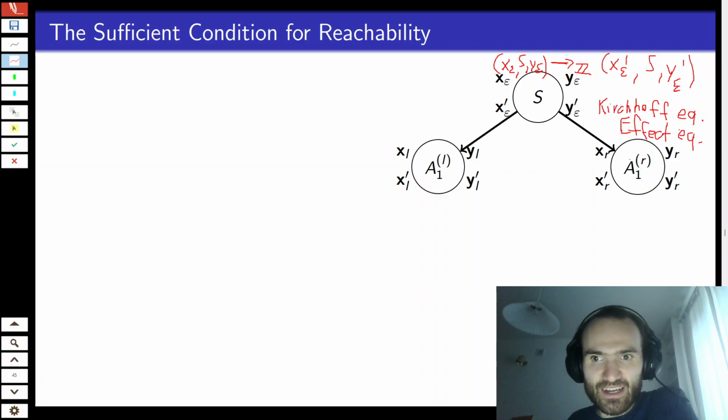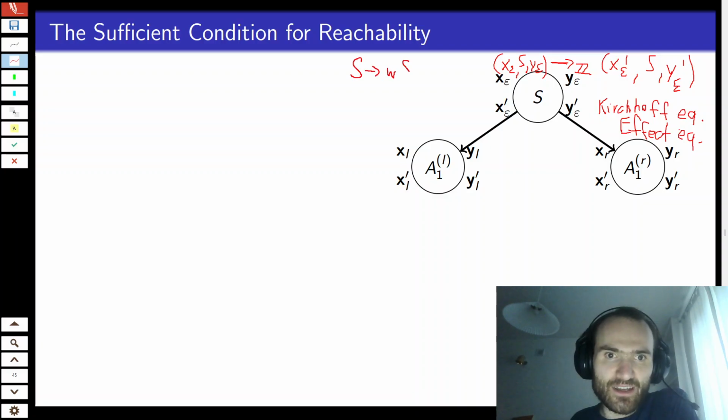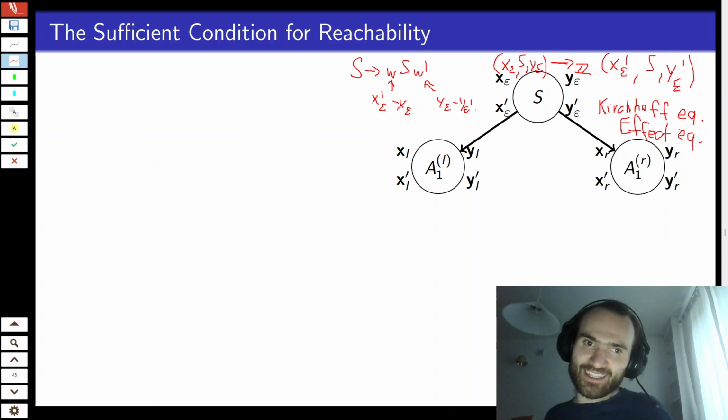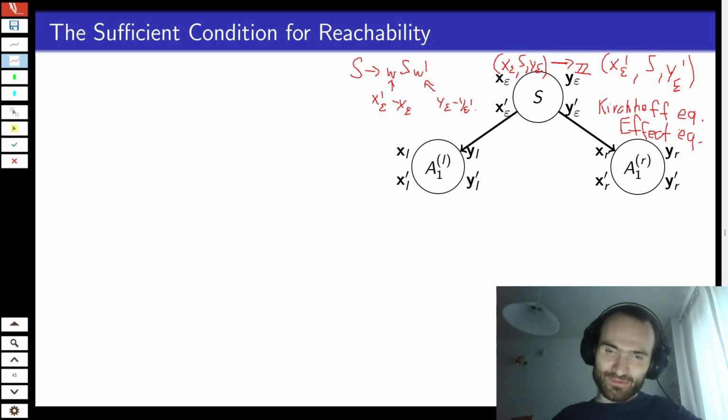I want to have a cycle S goes to W S W prime, where W has the effect x epsilon prime minus x epsilon. And W prime is supposed to have the effect y epsilon minus y epsilon prime. Now, it might look wrong because the primes are the other way on the right hand side, but remember we're thinking W prime is working towards the inside.